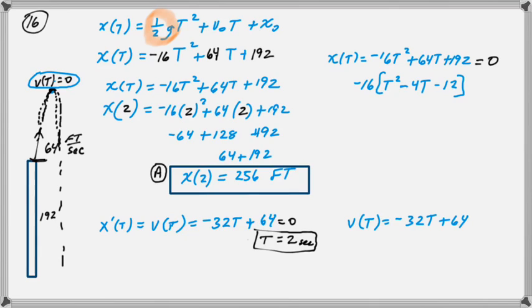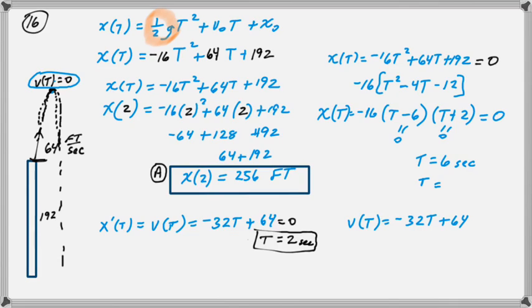Okay, so now I'm going to factor this. Negative 16 times t minus 6 and t plus 2, I believe. So that's the position, and that's when it equals 0, right? What makes this 0 is either time is 6 seconds or time is negative 2 seconds, but that's before the event occurred.